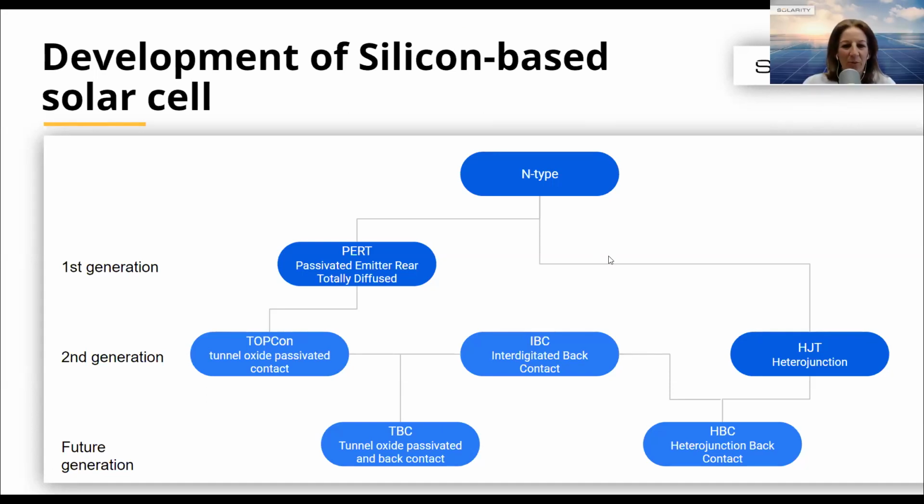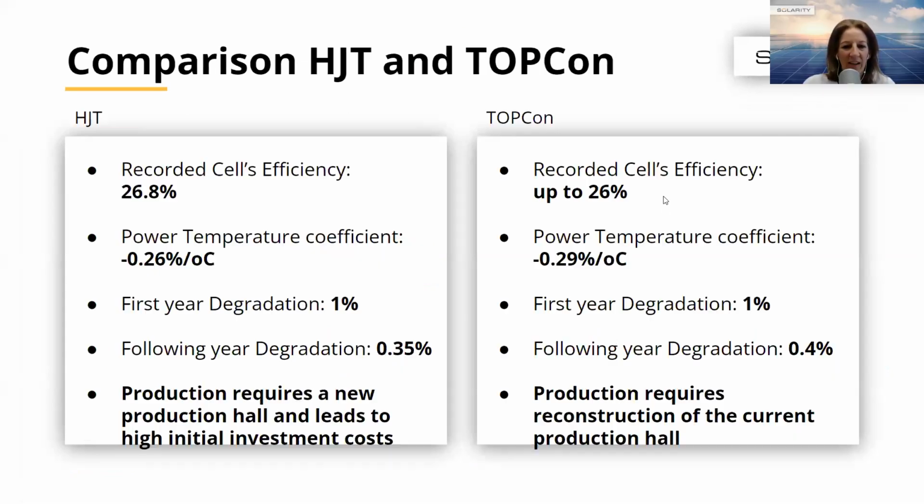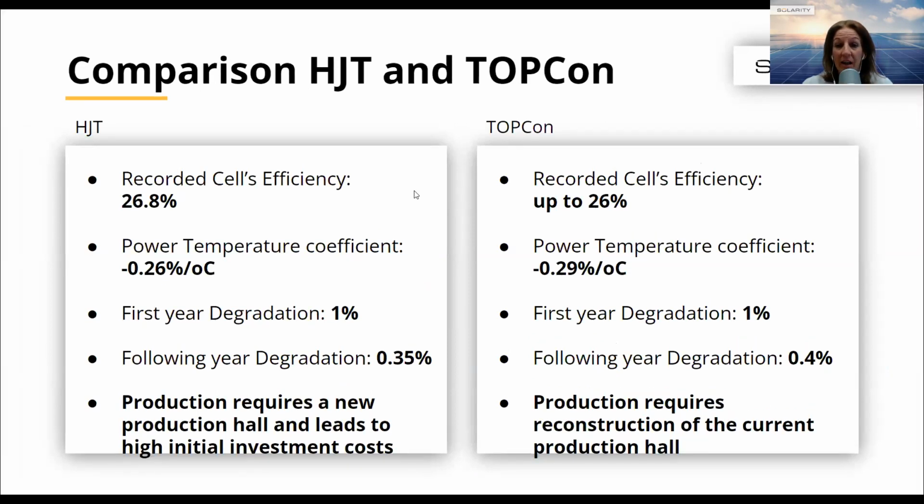Okay, so let's move on. Right here, you can see the comparison for heterojunction and Topcon. As I mentioned, both of them are based on N-type. Here you have some basic numbers for the recorded cell efficiency and power temperature coefficient. I know everybody is always asking about the degradation, so here you can compare where we are and where they are.